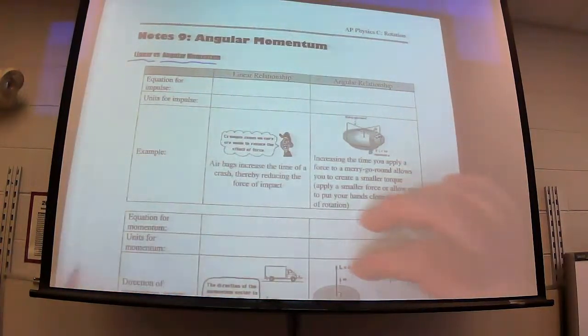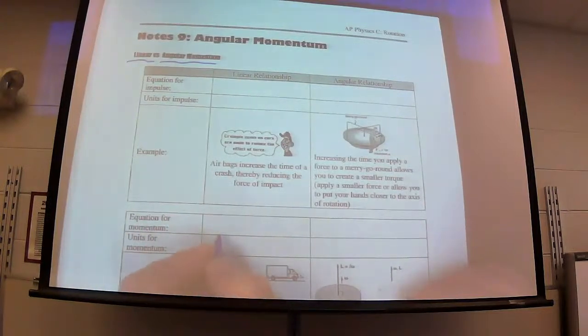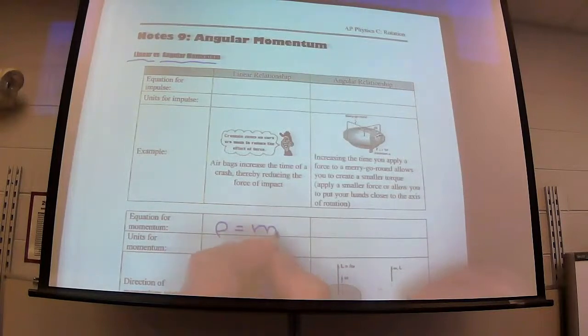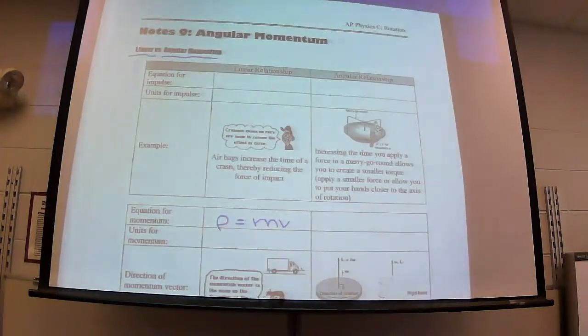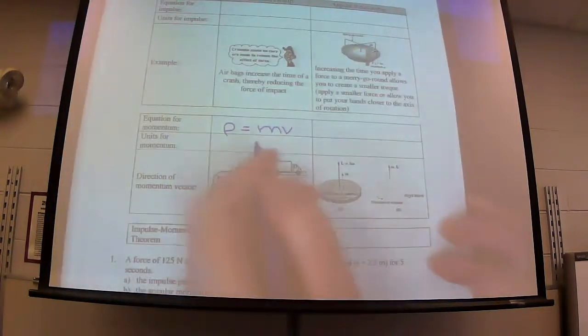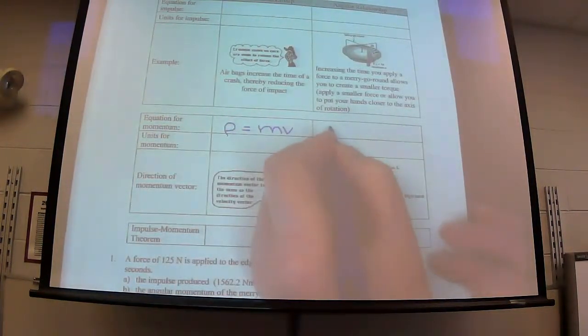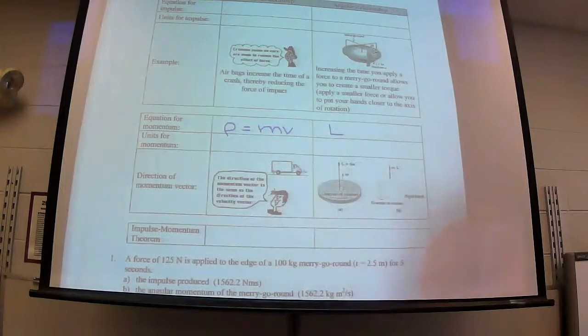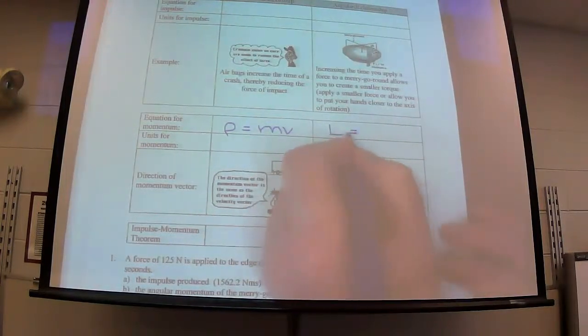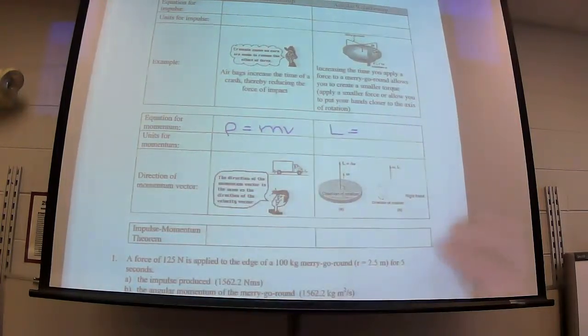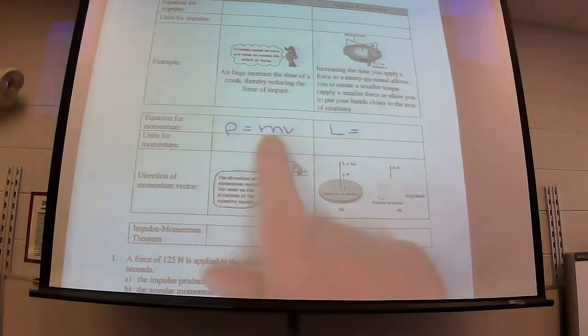Whoops, I'm doing the wrong thing here. So I'm jumping down here. Momentum, P equals mv. And angular momentum is always conserved. And this is the one time we switch variables. The variable for angular momentum is an L. But I hope you've picked up by now, it's not just mass that's important to us.